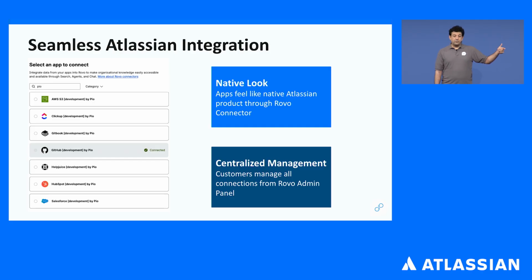The environment information for non-production apps is shown in the title. This is injected by Atlassian, and this is extremely handy when you're working on the same connector but for different versions and different environments.